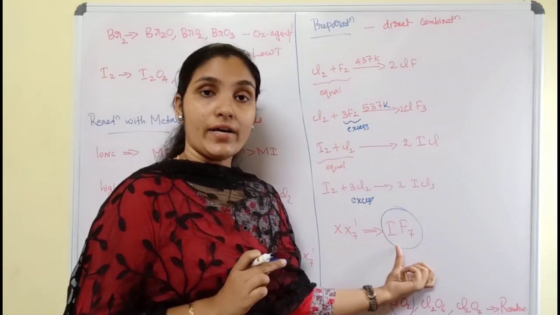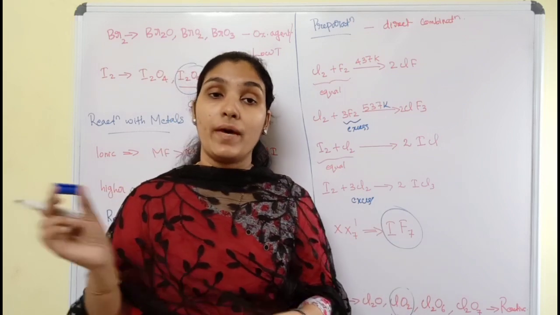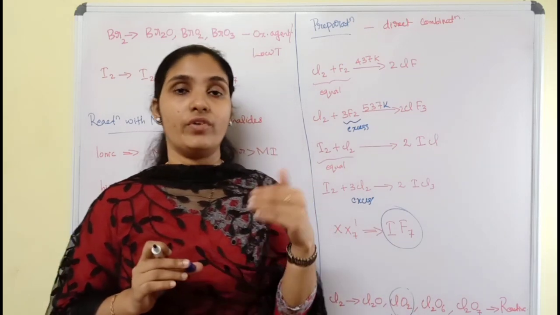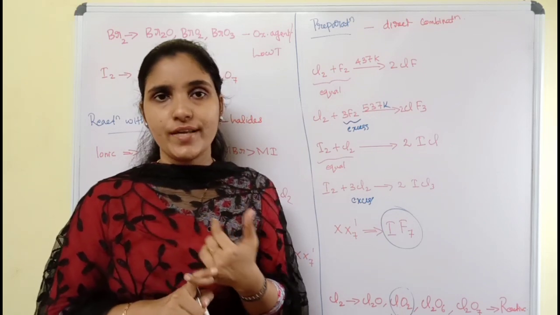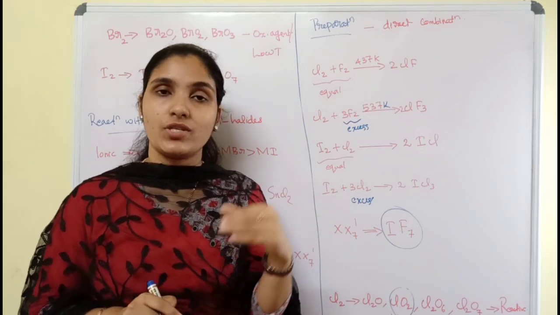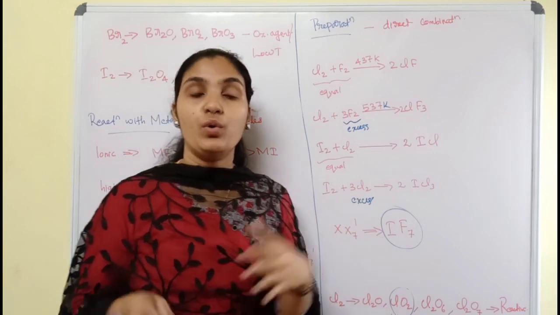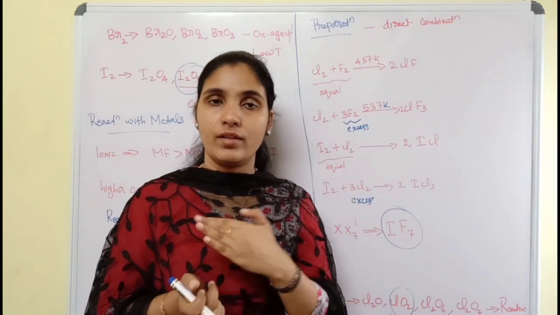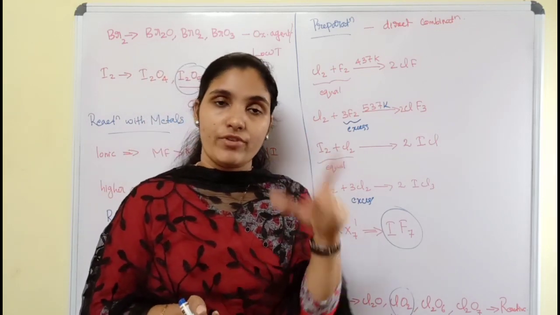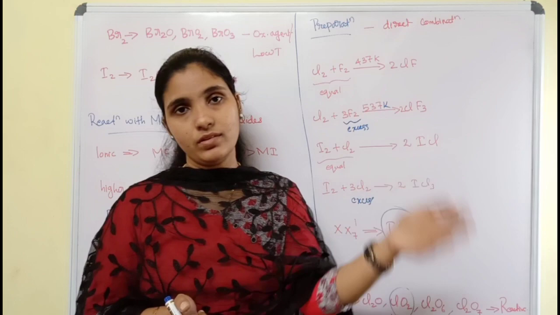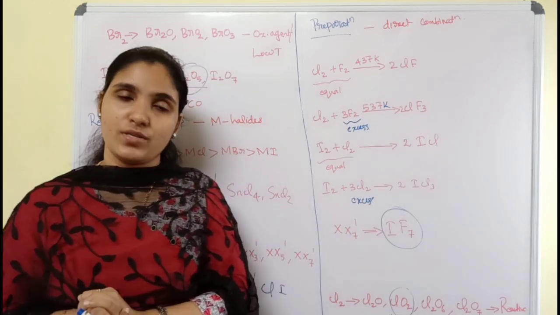So these are the major chemical reactions of halogens. So please note down, especially oxidation state, reaction of halogens with water, and how two halogens combine to form an interhalogen compound. And please note down the condition: the first one should be larger than the second one. Okay, so thank you.